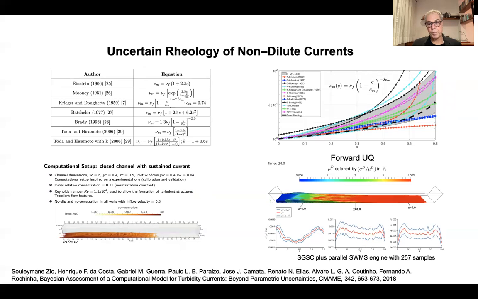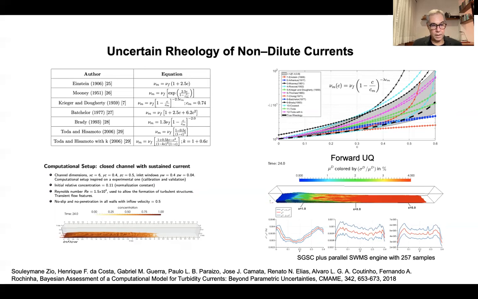In the chart on the right, we plot several curves, and the gray area is an adjustment that can fit several of those closure equations. So we basically use a model discrepancy for adjusting this, and for this case, the Reynolds number is also turbulent, about 1.5 times 10 to the power 4.